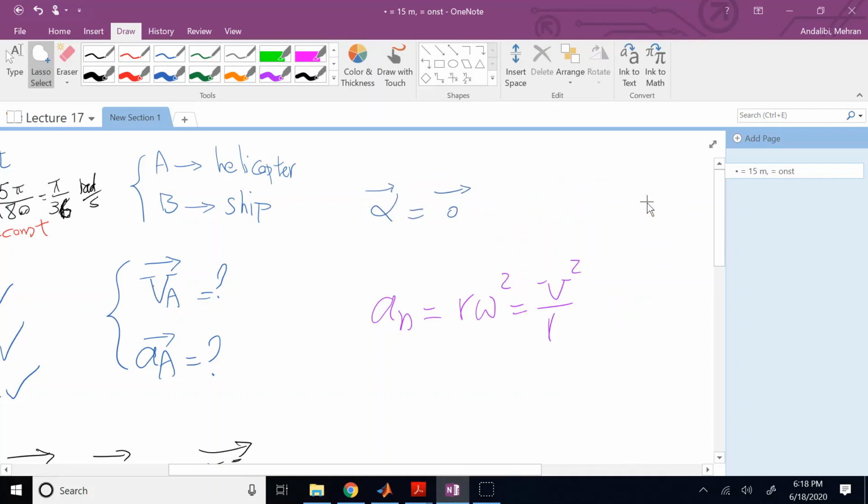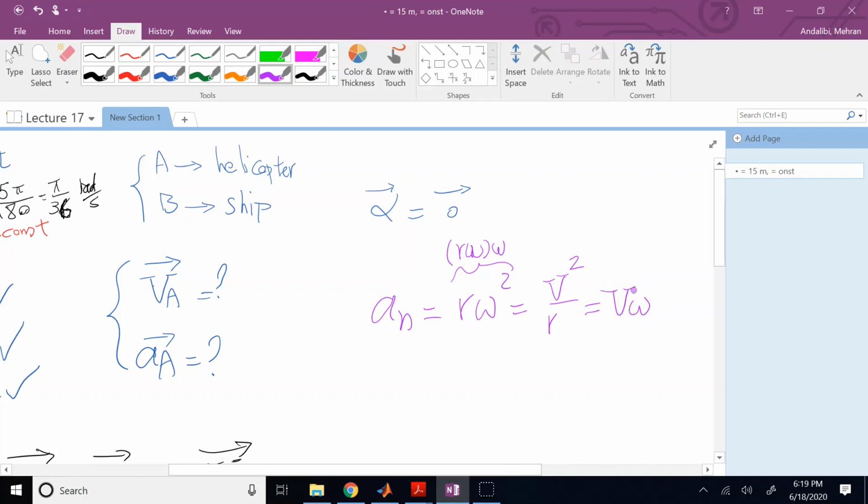But if you want, what you can do is, there is a third formula which is equivalent to these two. So what I do, I write this as R omega times omega, right? And what is R omega? That's V, correct? So I can also write it as V times omega.